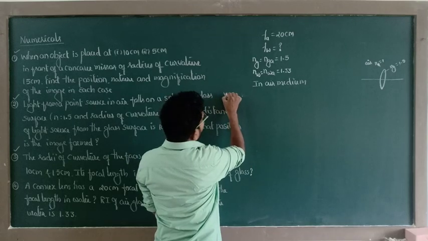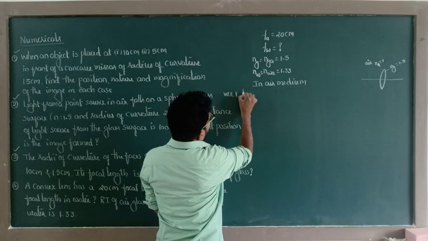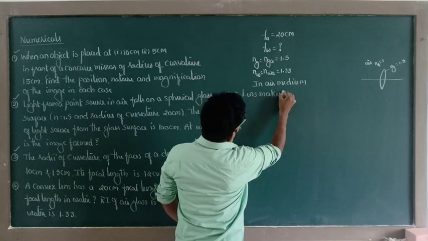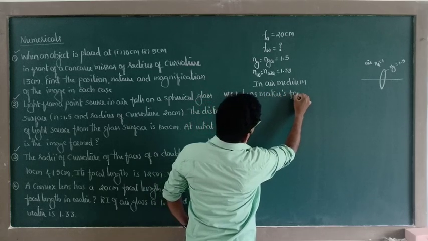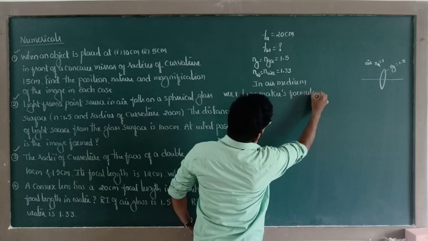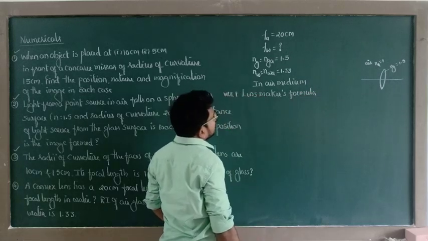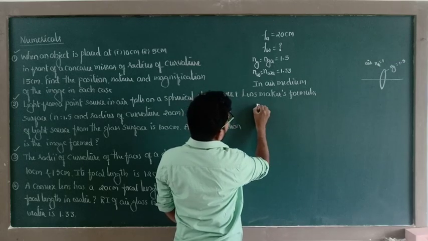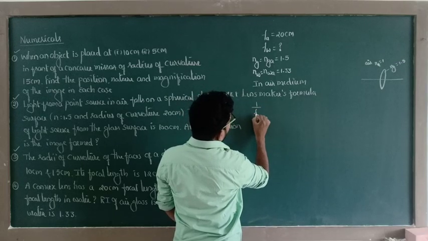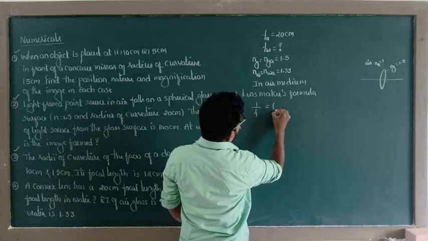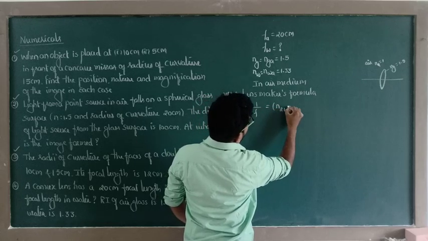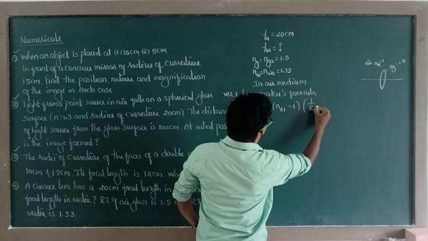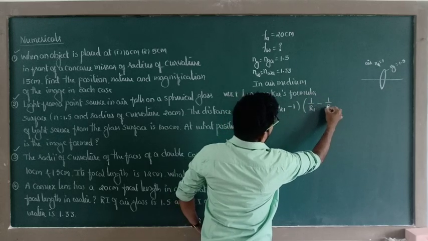we know that lens maker's formula. So according to this formula, we can write in air 1 by F is equal to N21 minus 1 into 1 by R1 minus 1 divided by R2.